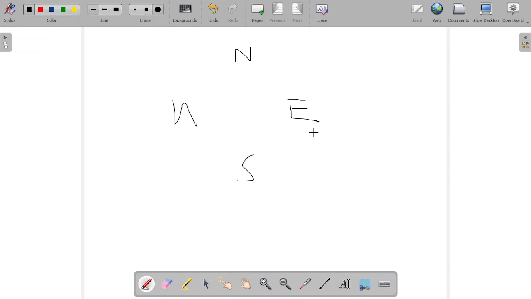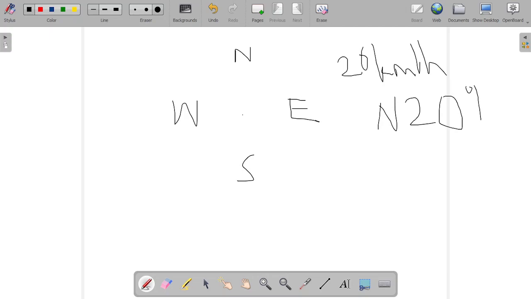So we stated that a body travels with a velocity of 20 km per hour in a direction 30 degrees east of north. So how do we do that? If it travels 20 degrees east of north, how do we position it here?